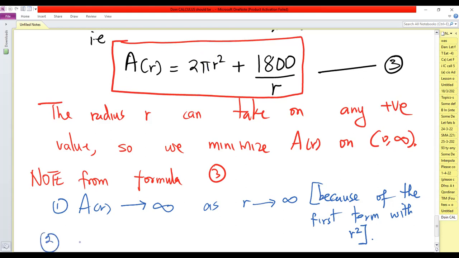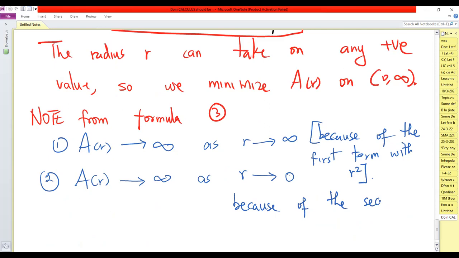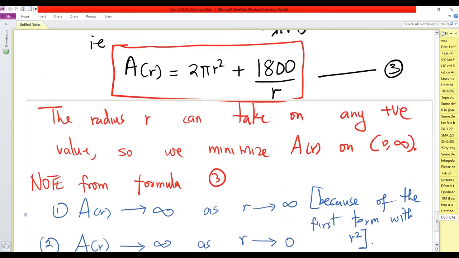Number 2, area also approaches infinity as r approaches 0, because of the second term. This can easily be seen here.